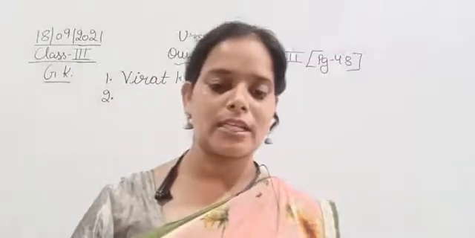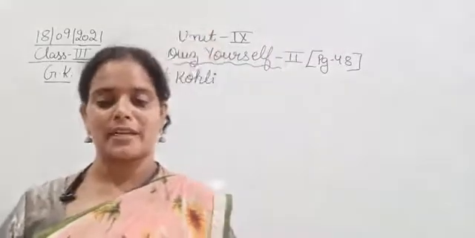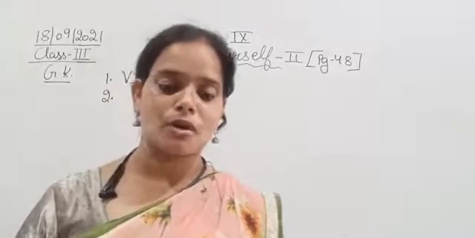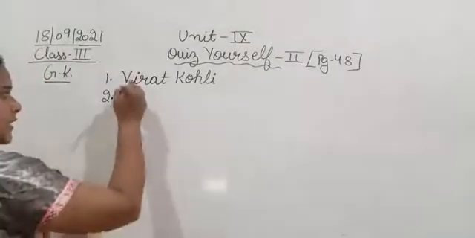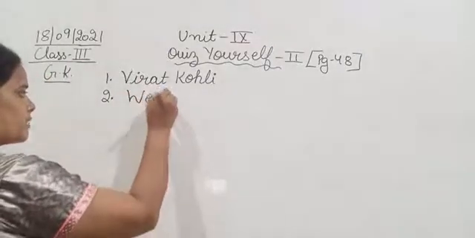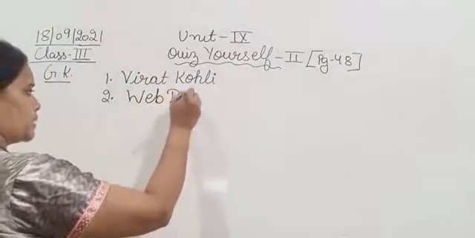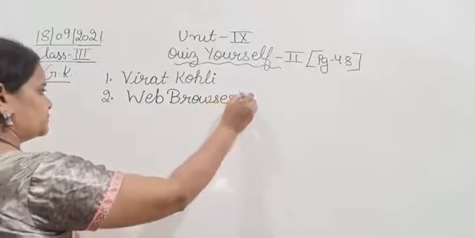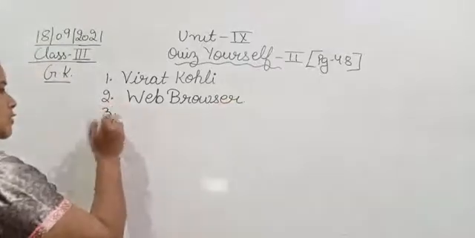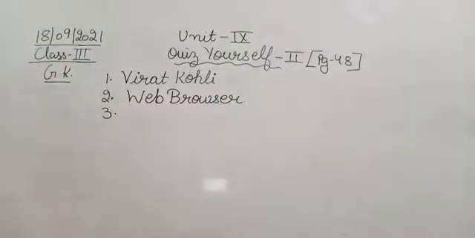They all are the types of web browser. So write down the answer for the second one. That is web browser, B-R-O-W-S-E-R. That is web browser. So these all are the types of web browser.